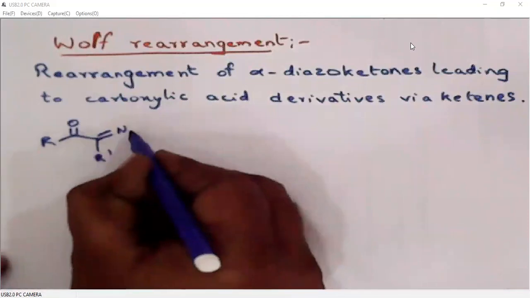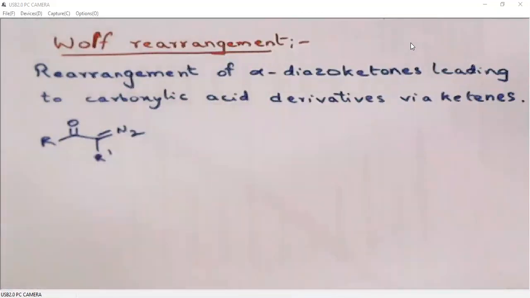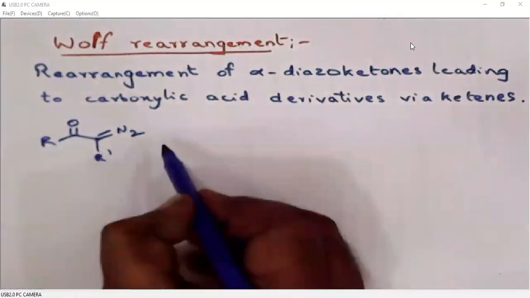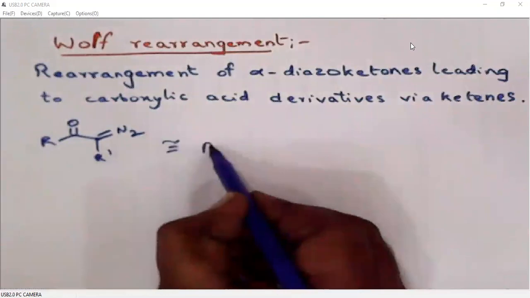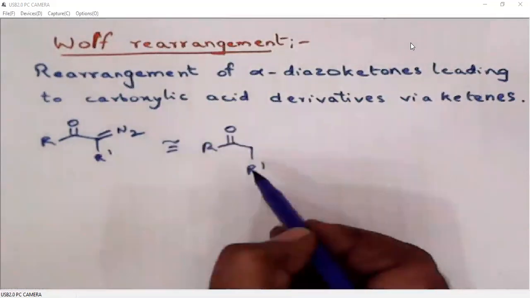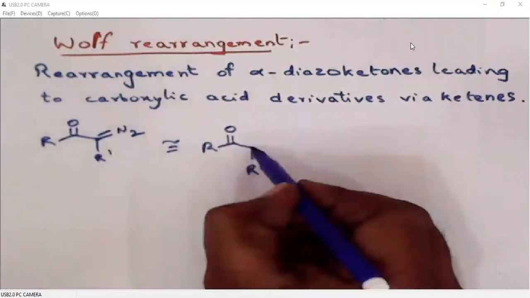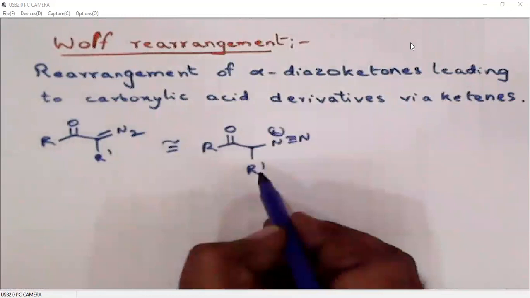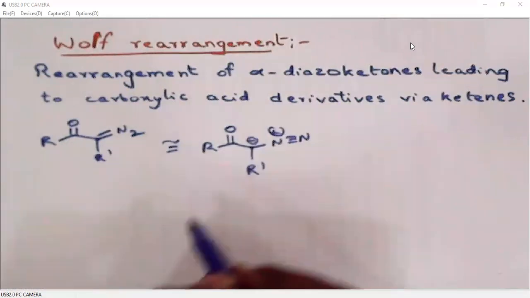These are called alpha diazoketones. This can be represented like this. We will have positive charge on this nitrogen and negative charge on this nitrogen.